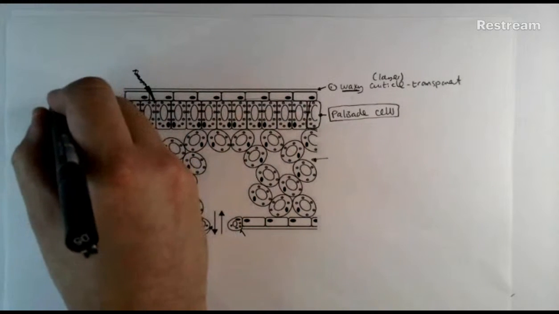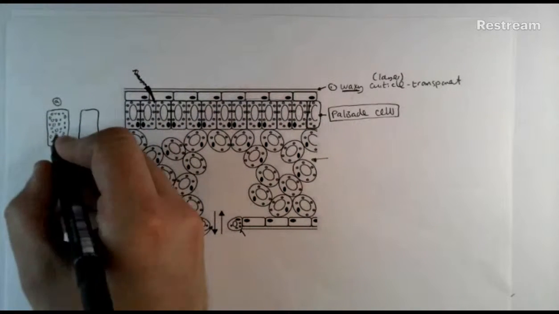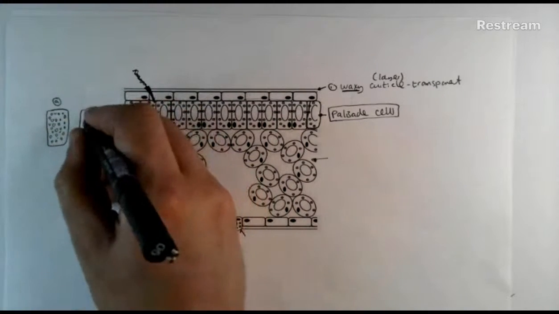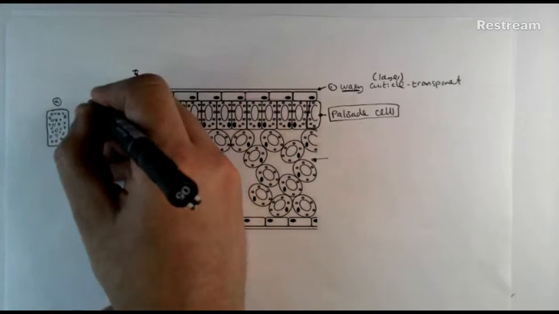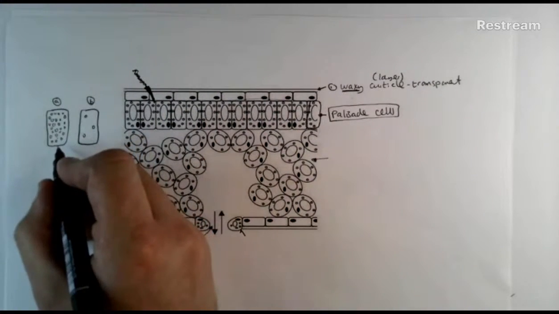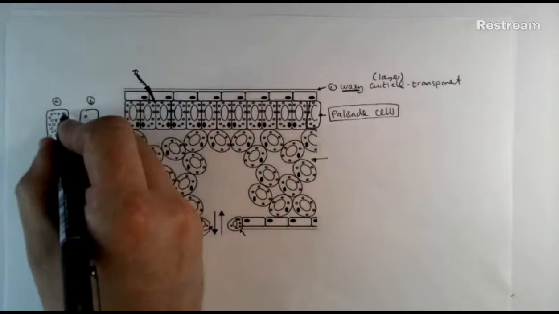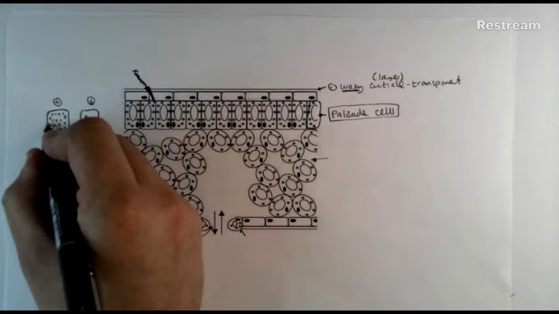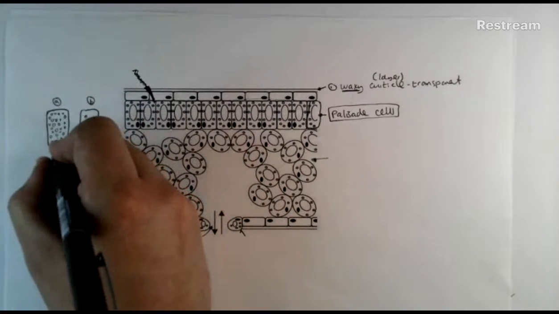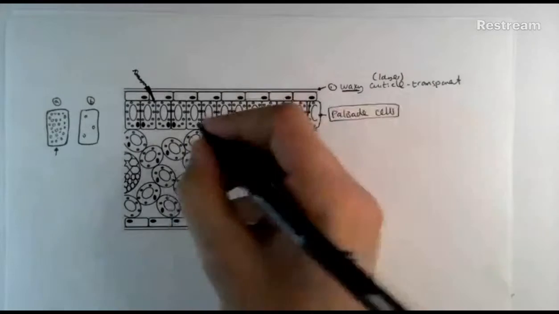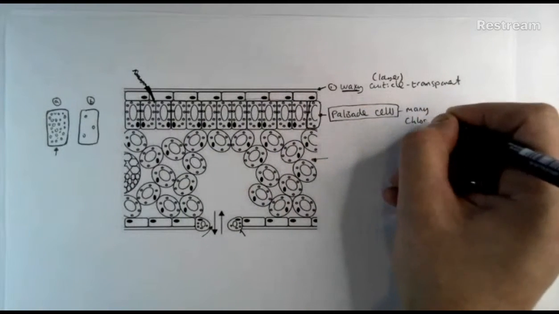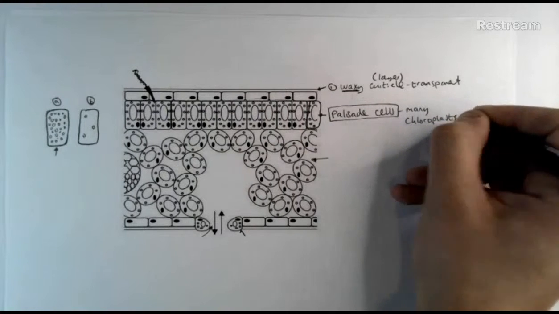So if you've got palisade cell A with many chloroplasts, compared to palisade cell B, in which cell will there be more photosynthesis taking place at a higher rate? That's going to be palisade cell A. So the palisade cells' adaptation is they have many chloroplasts.